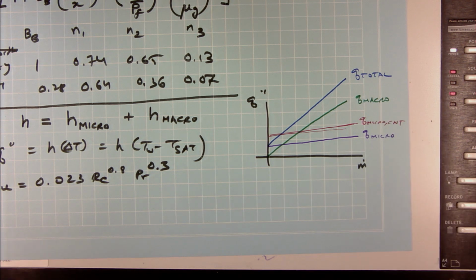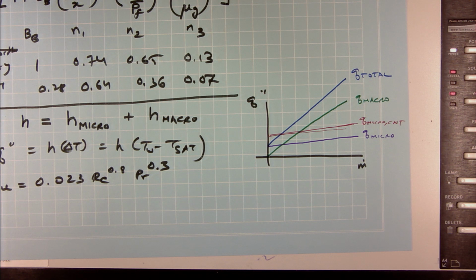My Q macro stayed almost the same, it did not care whether you had carbon nanotube coating or not. Later on Friday, when I go through all the results for the micro and nano, you will see that trend. And so, what happened as a result was, initially at low flow rates we see a very high enhancement because carbon nanotubes are present, is it not.